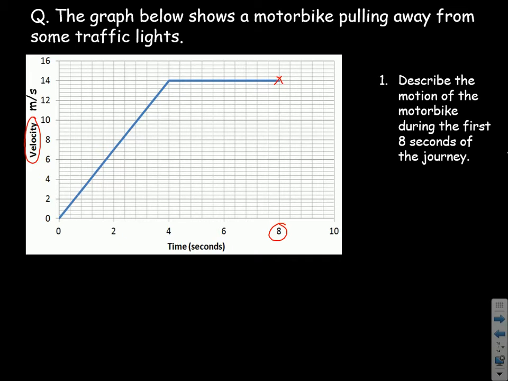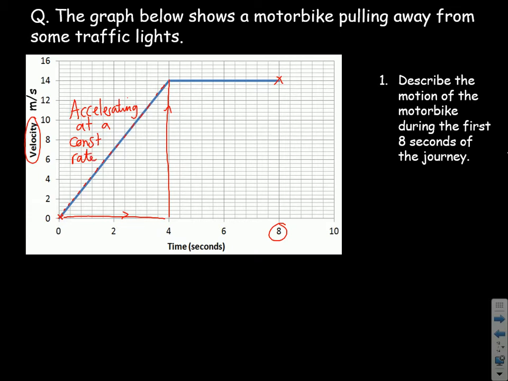And what does it show? Well, it starts off with the velocity at 0, and then as time goes by the velocity is increasing. And it is a straight line, so it's uniform. Therefore we know the object is accelerating at a constant rate.